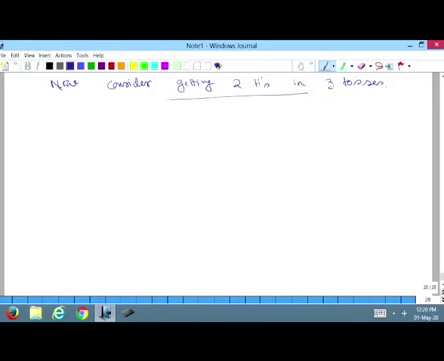This event can be broken down into probability of H H T plus probability of H T H plus probability of T H H. Now, what is the probability of H H T?